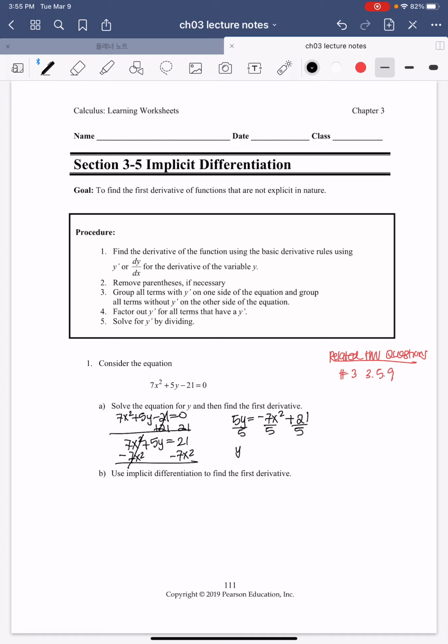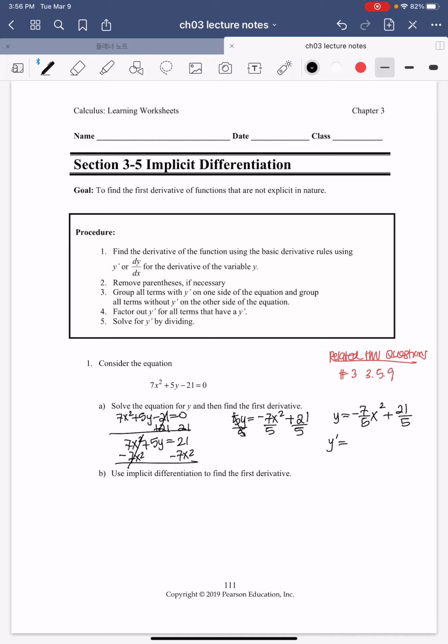I have y is equal to negative 7 over 5 x squared plus 21 over 5. Now, once I have the equation here, taking the derivative is easy. So y prime, I'm going to take the derivative. Notice that I put y prime because that means I'm taking the derivative of a function y.